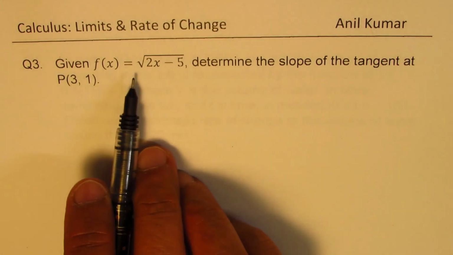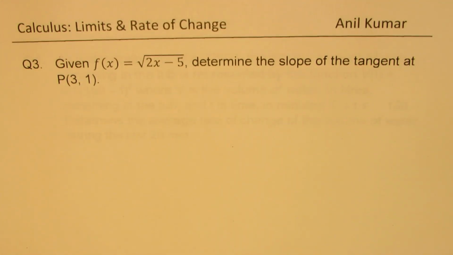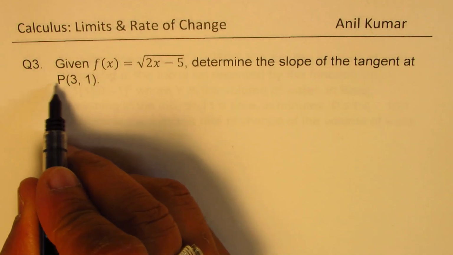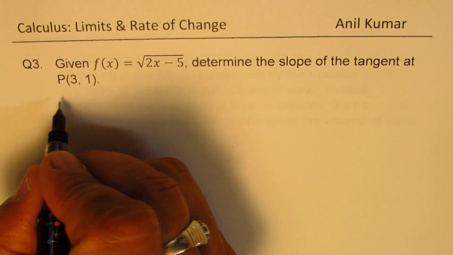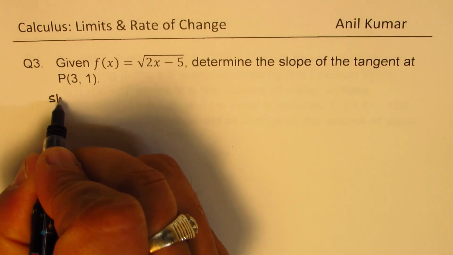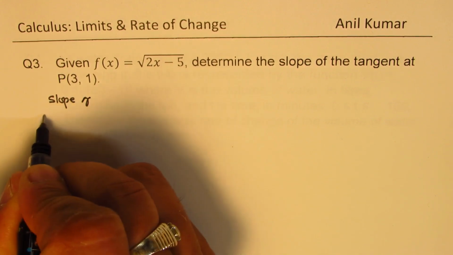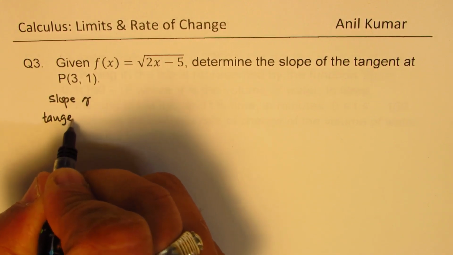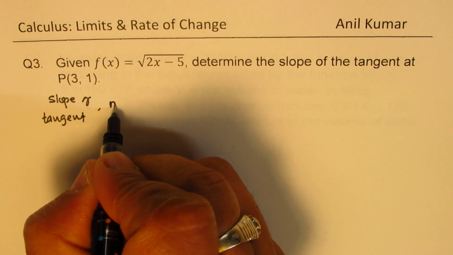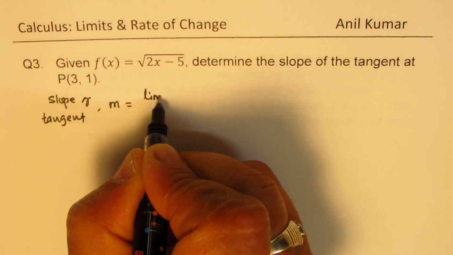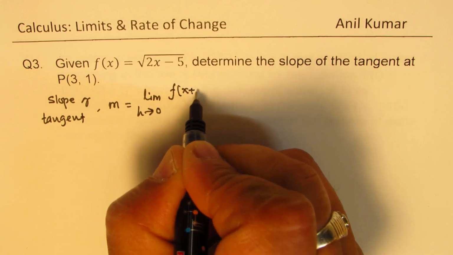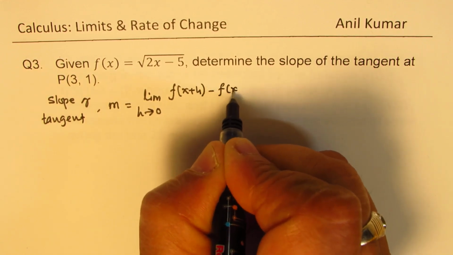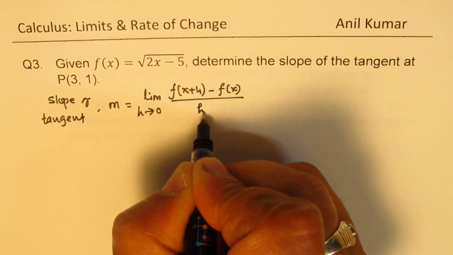Given f of x equals to square root of 2x minus 5, determine the slope of tangent at a point P, which is 3, 1, right? So we understand now that slope of tangent, basically, let's say m, is equal to limit h approaches 0, f of x plus h minus f of x over h.